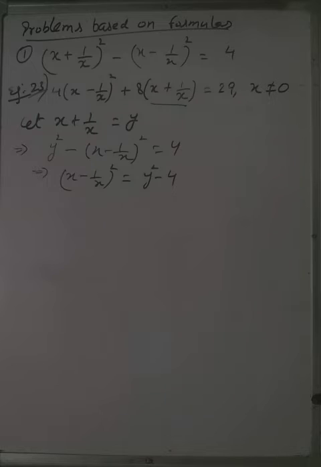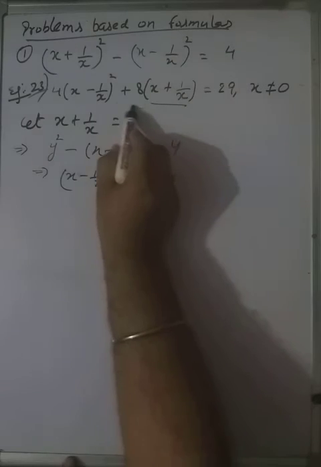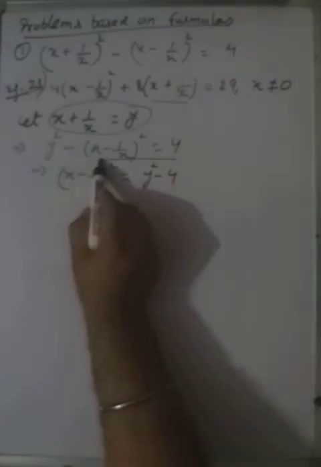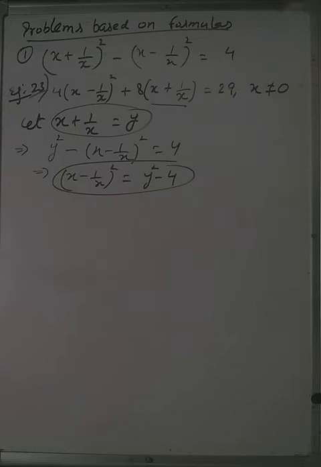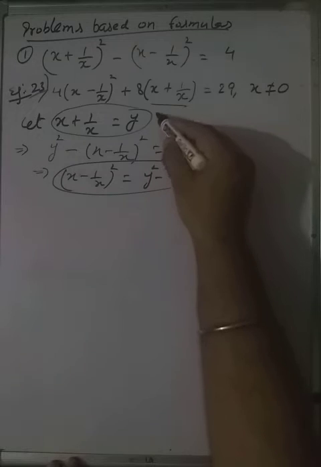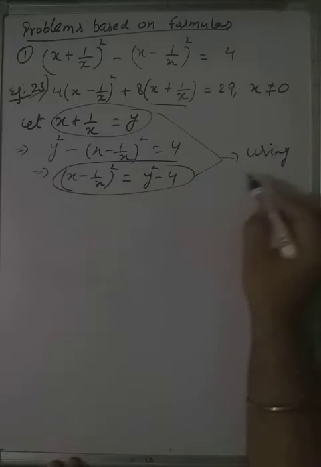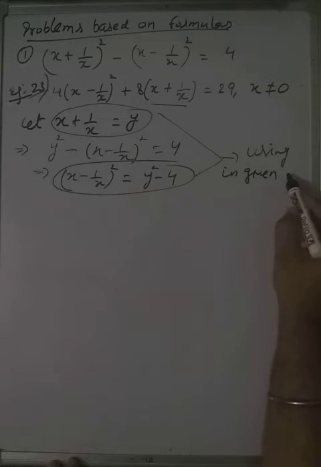Now using the formula, we have got two things that we have to substitute: x plus 1 over x equal to y and (x minus 1 over x) whole square is equal to y square minus 4. We will use these two things in the given equation.